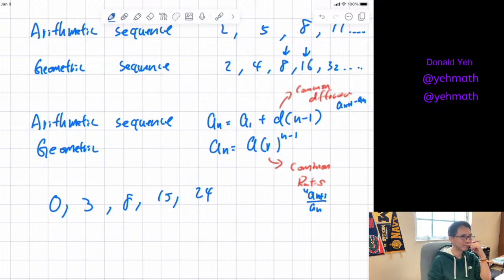You add 2. So it's 3, 5, 7, 9. You add 2 to the difference. Now, is it possible for you to write down something to represent this sequence? I challenge you to write down something to represent this exact sequence.